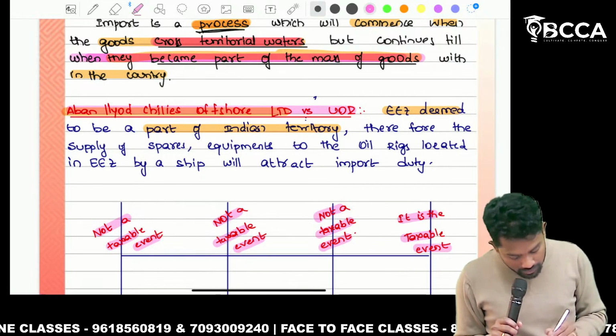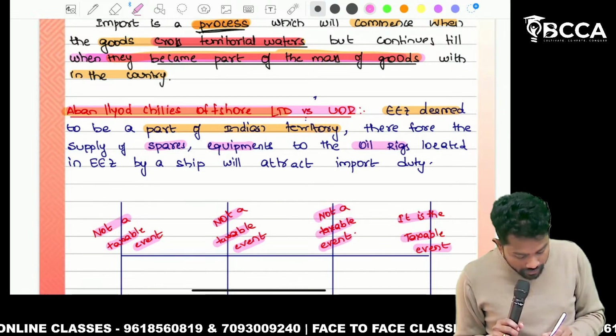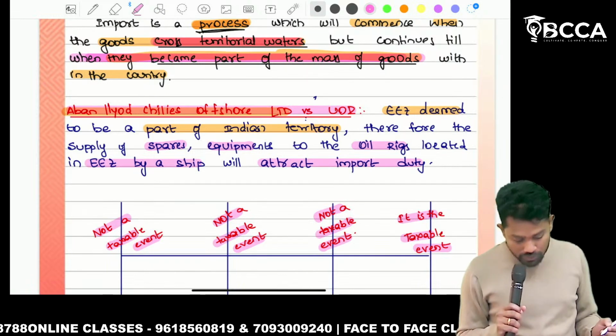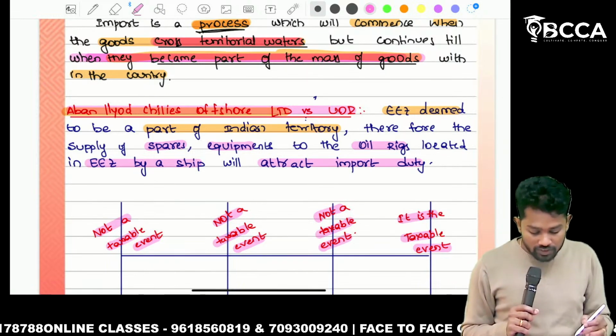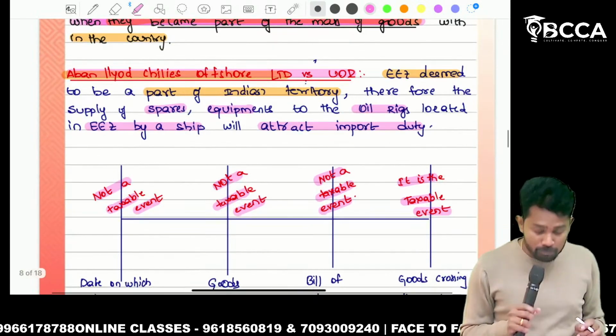Therefore, the supply of spares and equipment to the oil rigs located in the exclusive economic zone by a ship will attract import duty. So the supply of spares and equipment to the oil rigs will also be import, and import attracts import duty.